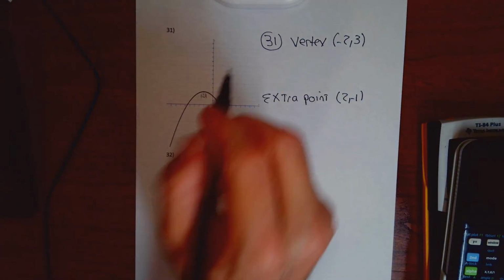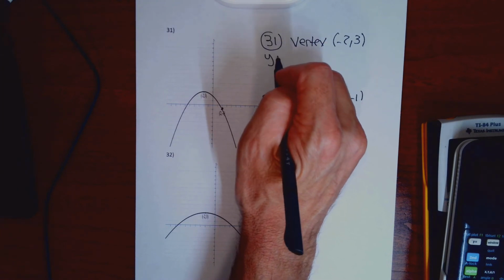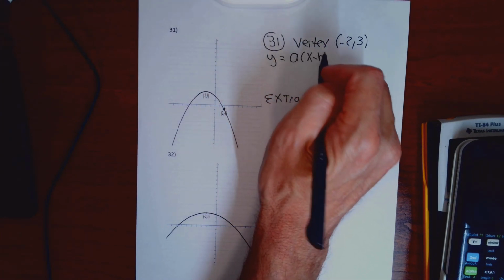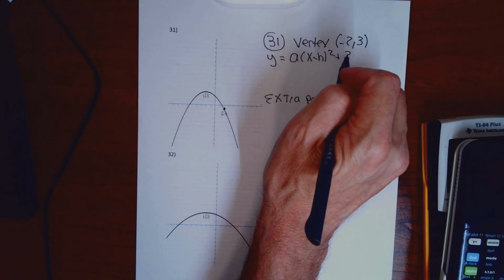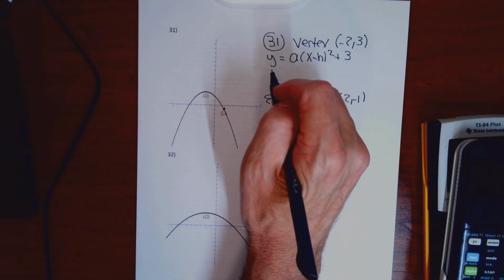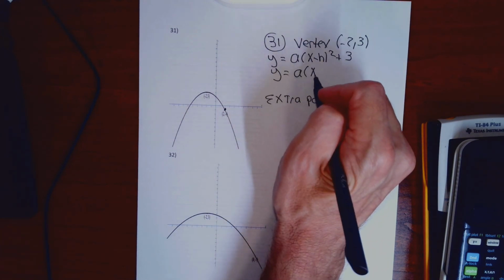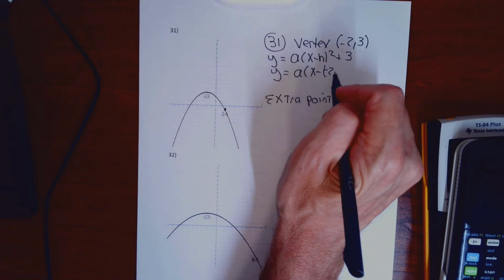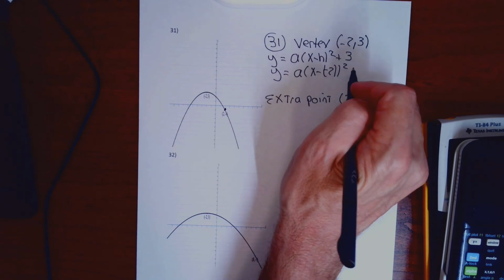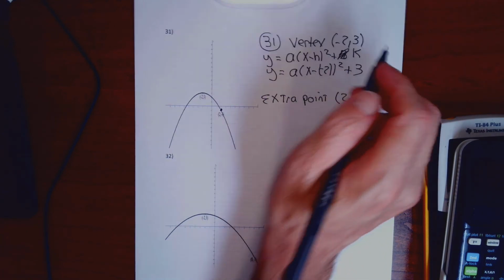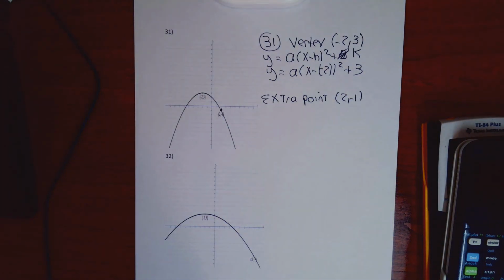So start off, use the generic form. I'm going to use it with a y without the f of x. It's going to make my life a little bit easier. And in place of the h, I'm going to plug negative 2. Yeah, and I already put the 3 in. I was supposed to put a k there, but I already knew it was going to be a 3.